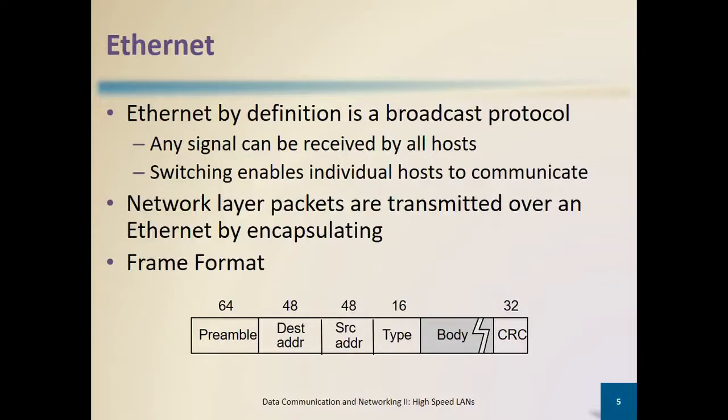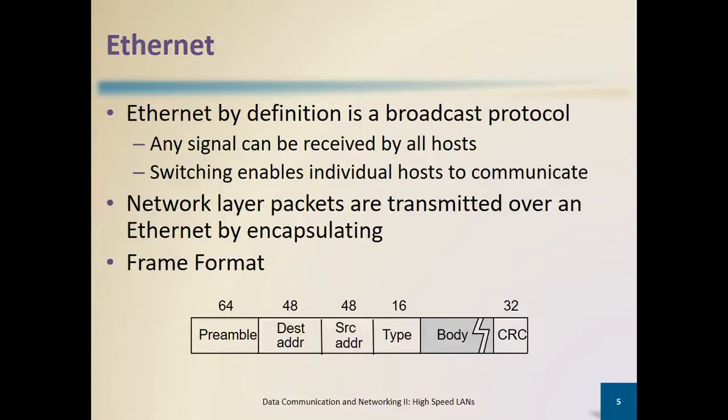The destination address, which is next in line within the fields of an Ethernet frame format, carries 48 bits or 6 bytes. The destination address is where the recipient is, or where the frame is going to.